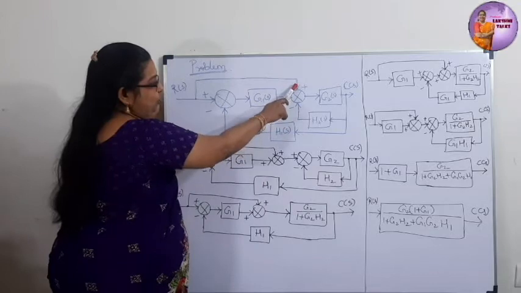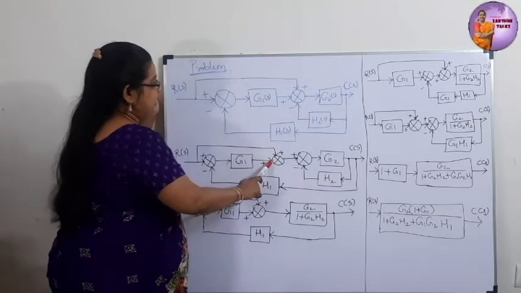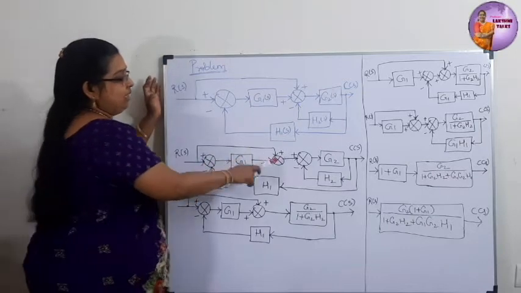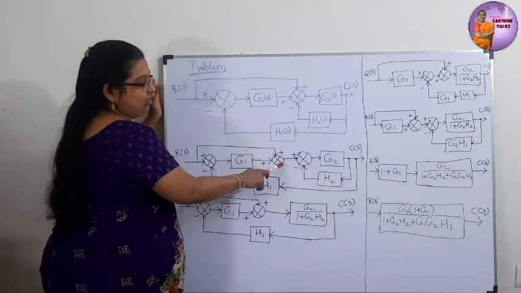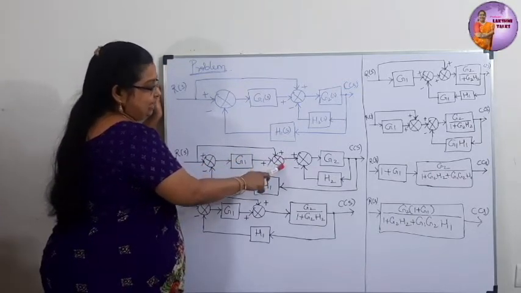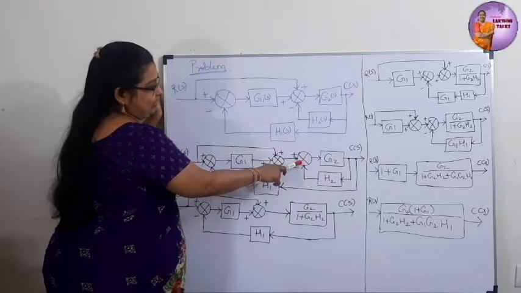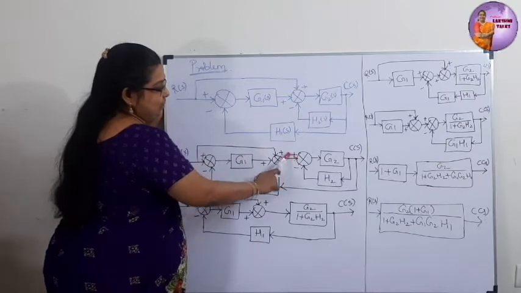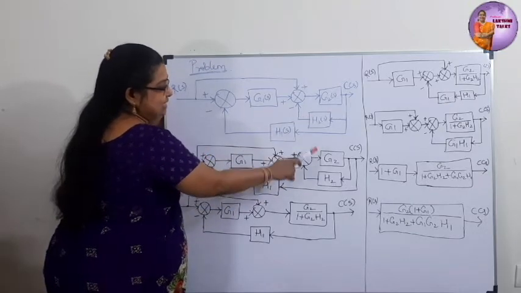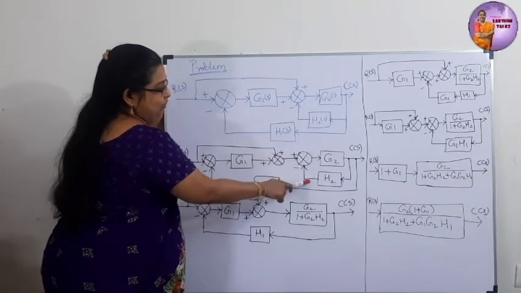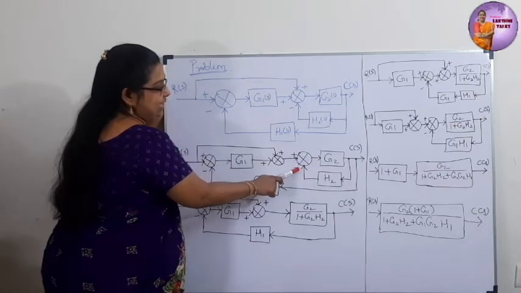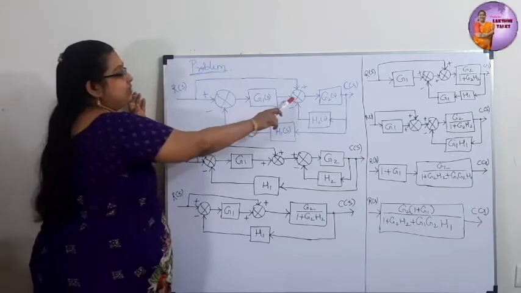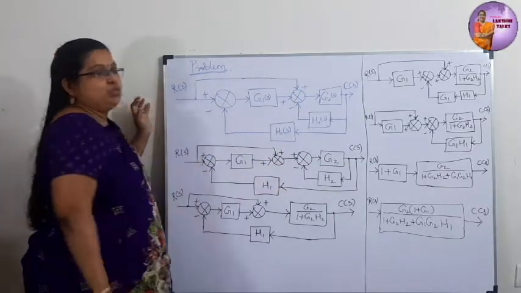The 2 positives, one from the G1 block and the other from the input side, are given to the first summer. Then the second, split summer gets the same positive signals, and the feedback signal from H2 with a negative sign is given to this summer. So this single summer has been split into 2 summers, right?